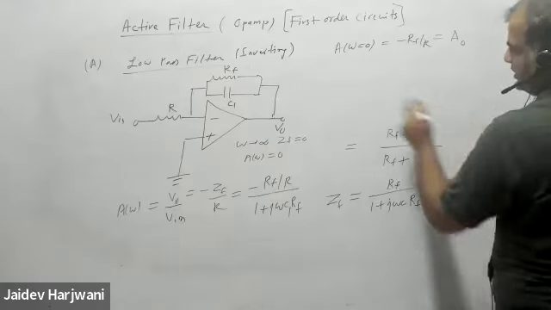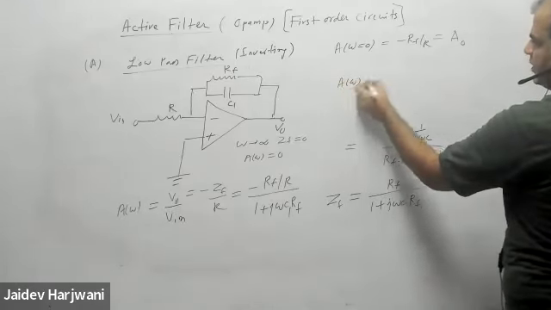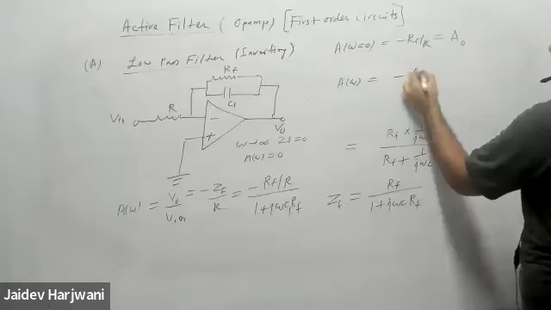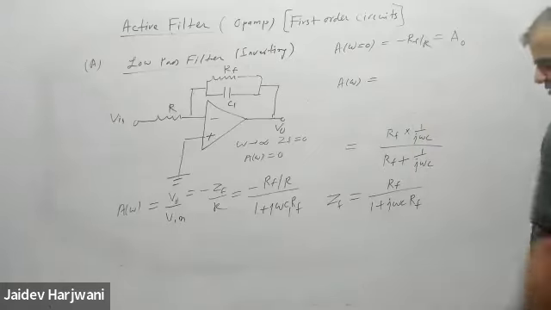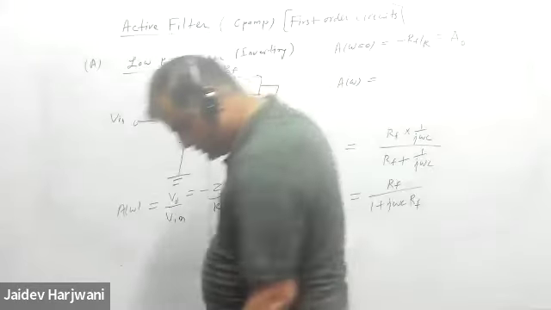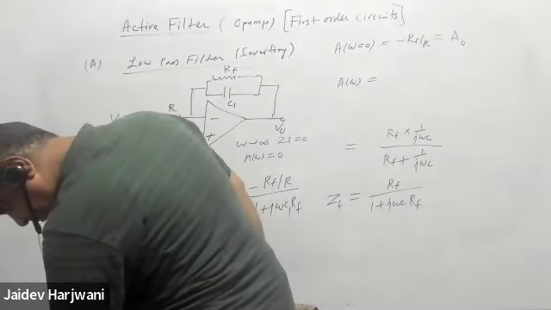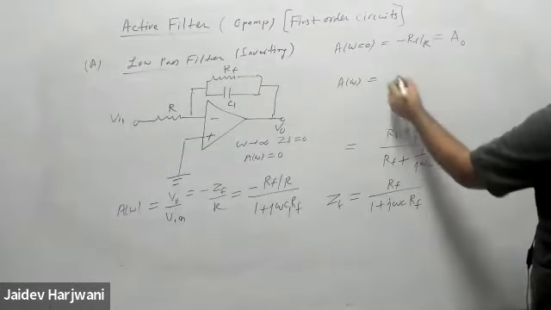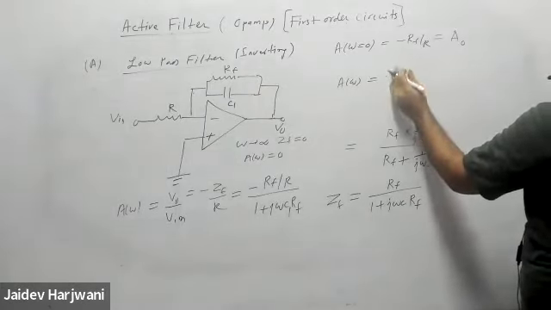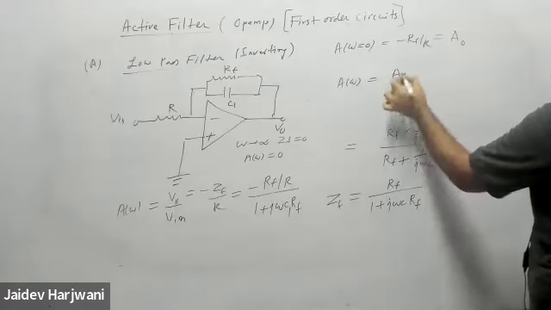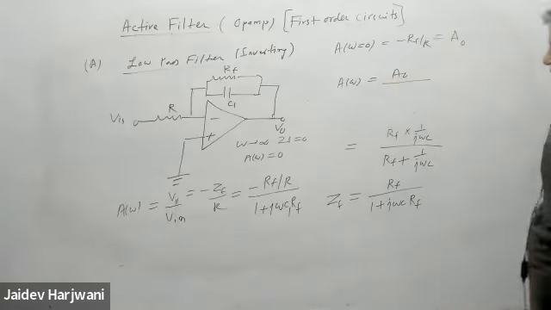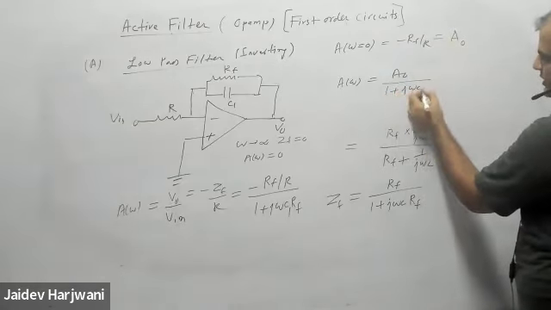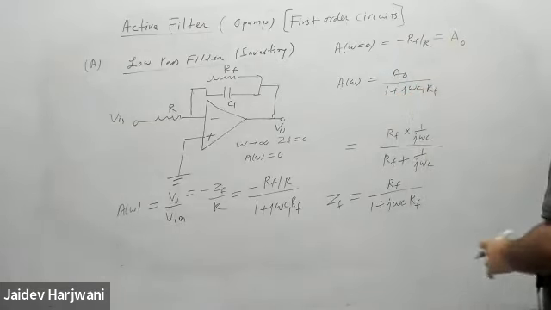So my expression of A omega will be minus, or you can remove the minus or keep it, you can keep the minus. So minus A naught upon 1 plus j omega C1 RF.